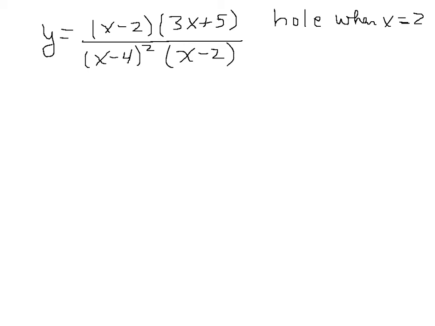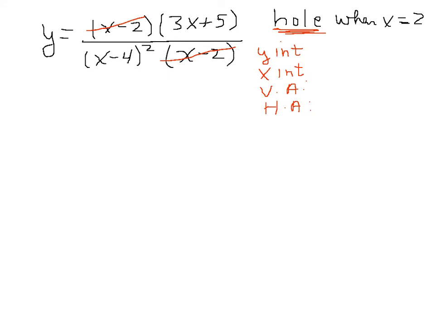The function is just undefined when x is 2. Okay, so now let's keep track of the other 4 things that we have to keep in mind. But maybe right now we'll just cross out these x minus 2's, keeping in mind that we have a hole there, and we'll deal with that at the very end.